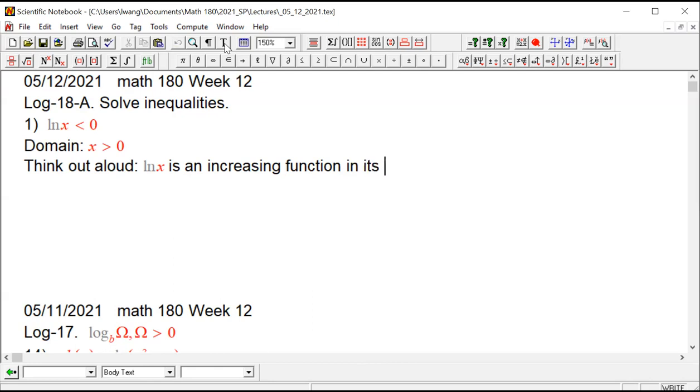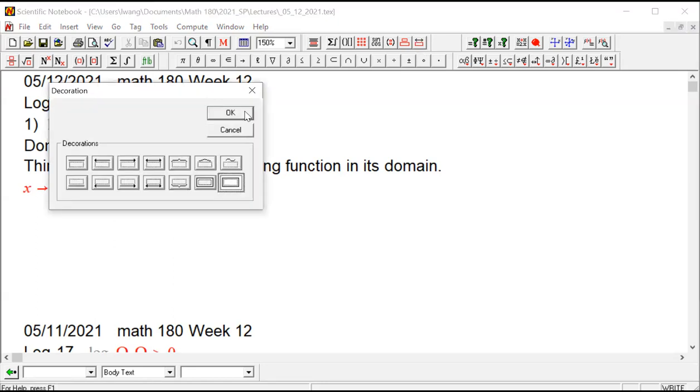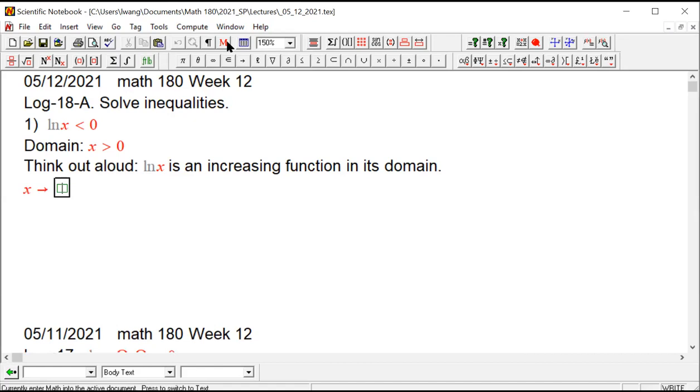As a function, the input is x, and we want the output to be less than zero.